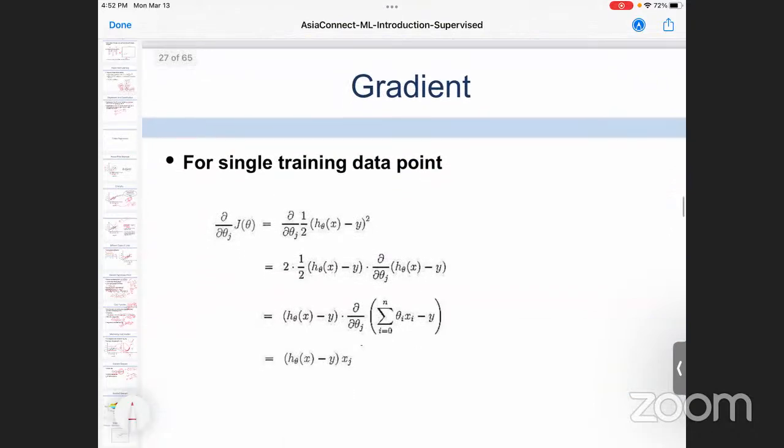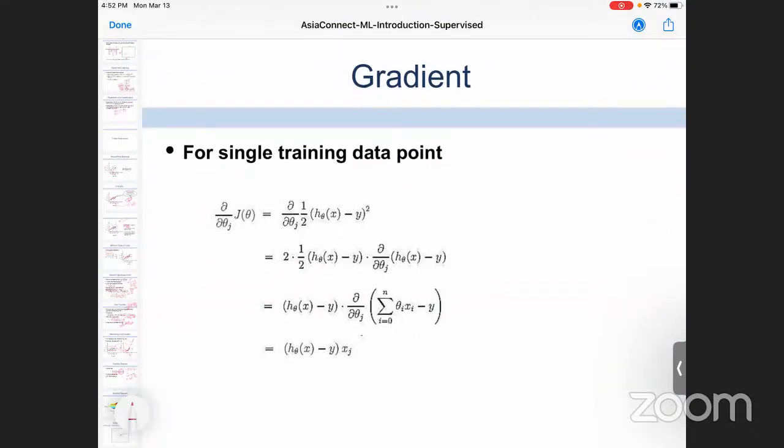So then what is the algorithm of gradient descent? How can you find it? First, you need to find the derivative of J theta. We have seen that for one particular example, a single training data point, this is the error, right? So if you have X as input, h theta will be your predicted output and Y is your observed or original ground truth output.